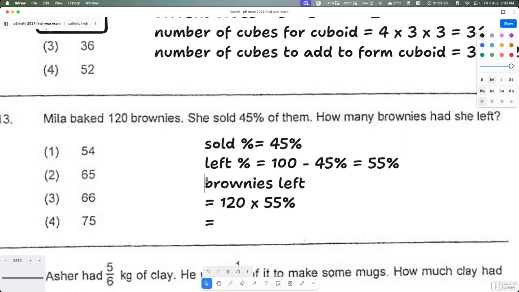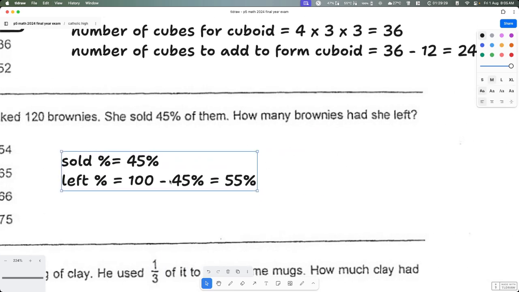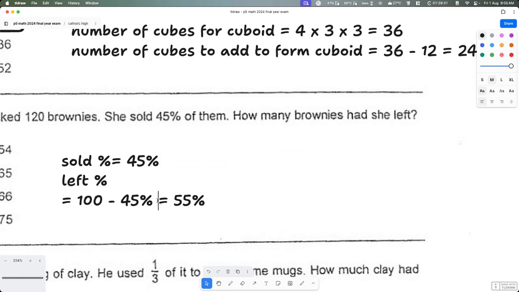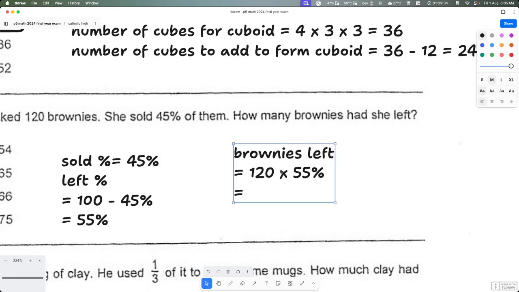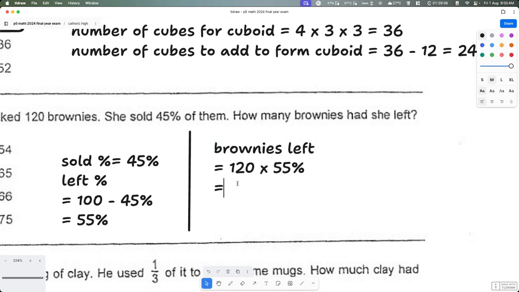Let me put this here, and I'm just going to put it like this so it's easier. So brownies left is 120 times 55%, which is the same as 120 times 55 out of 100. So we can cancel the 0 and cancel the 0 over here.